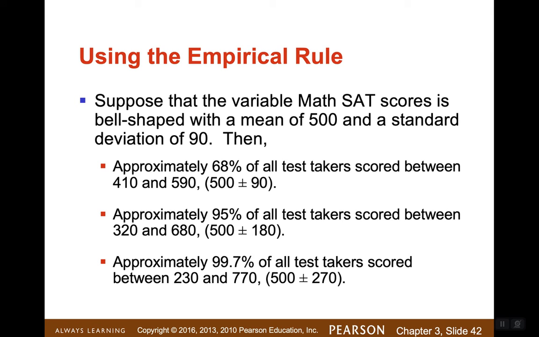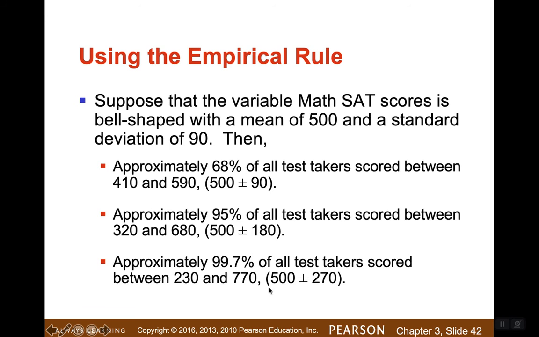95% of all test takers score between 320 and 680, which is our mean plus or minus 2 times the standard deviation. And then 99.7% of all test takers score between 230 and 770.